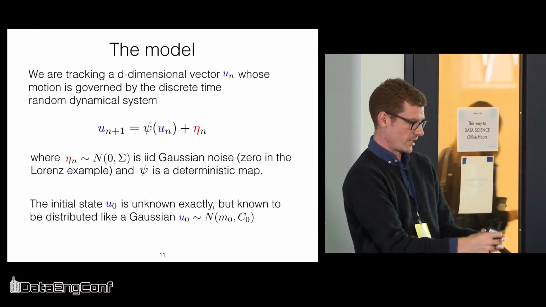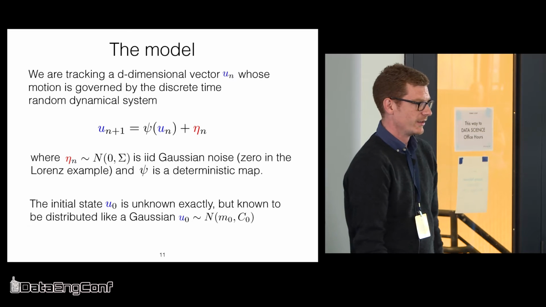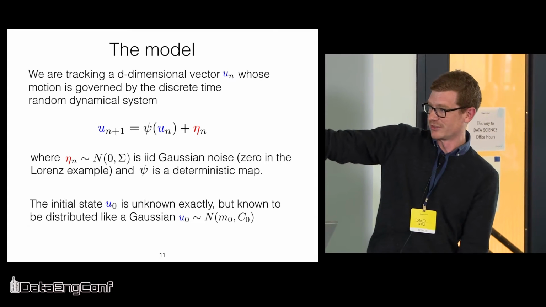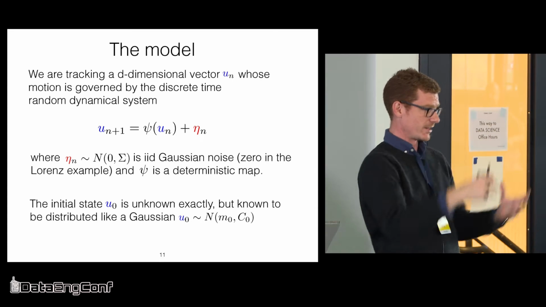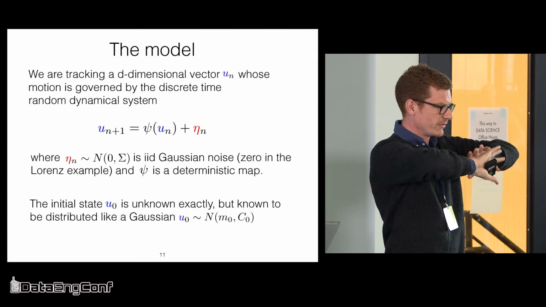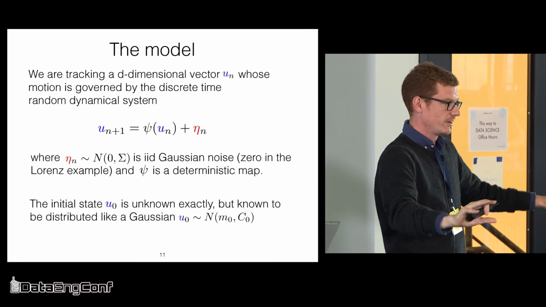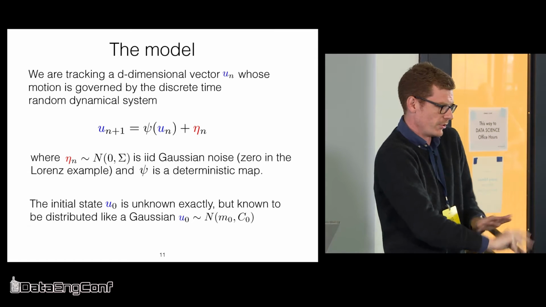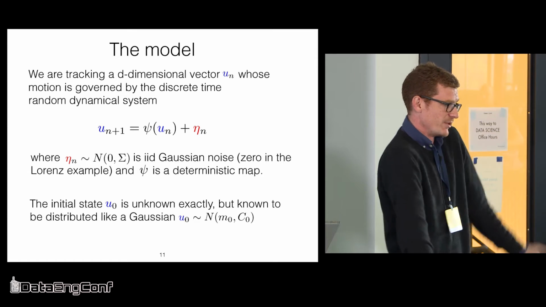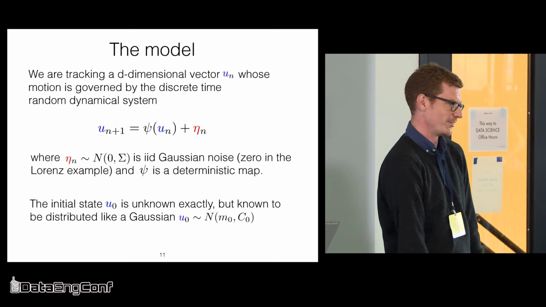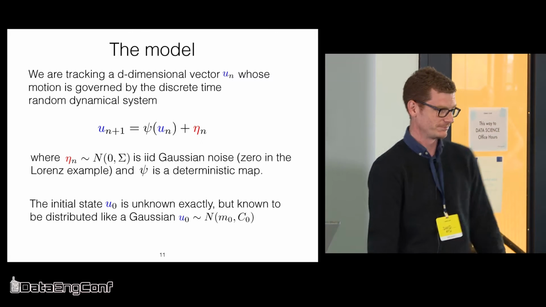And then as they evolved in time, they spread over the whole attractor. So if you imagine what happened if we took this Gaussian and pushed it forward in time, it becomes a distribution spread across the whole attractor. And you've lost all your information. You just know that you're somewhere on the attractor. But every point is always somewhere on the attractor, so you've basically lost all your information.